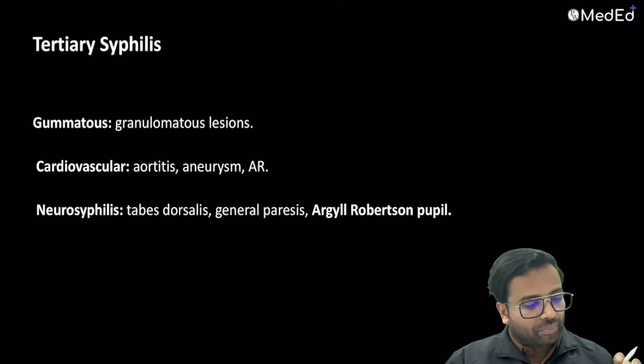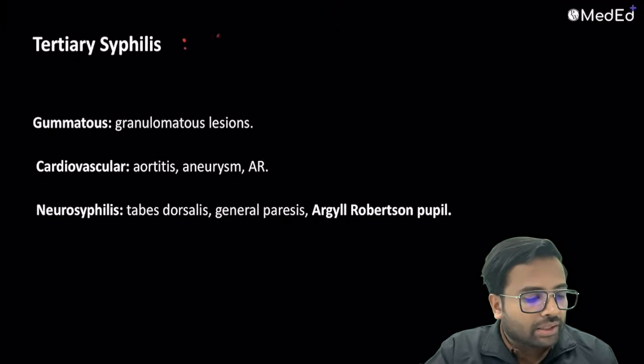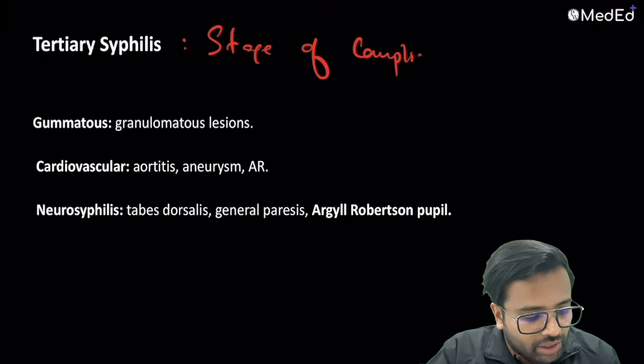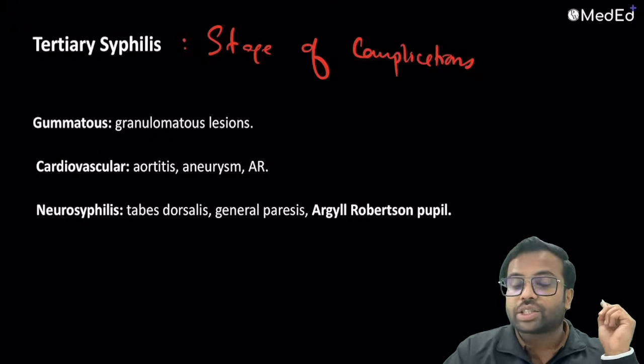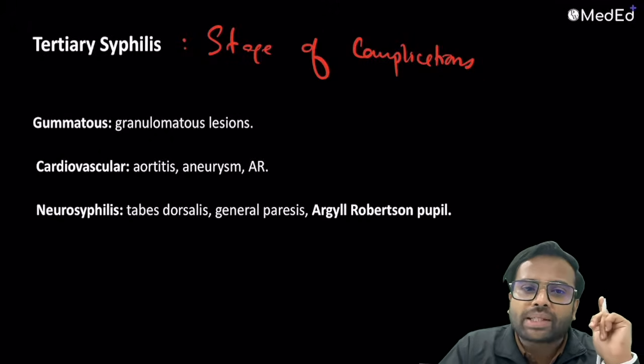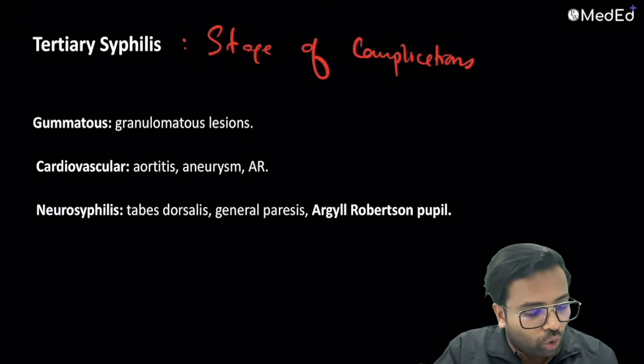And moving further, what happens in tertiary syphilis? Tertiary syphilis, please remember, this is going to be the stage of complications. Now, what are the complications here? Please remember, it affects two organ systems, dono organ system.